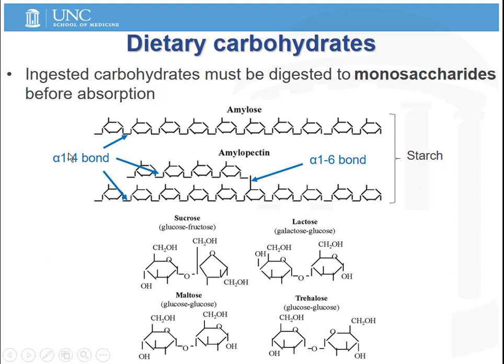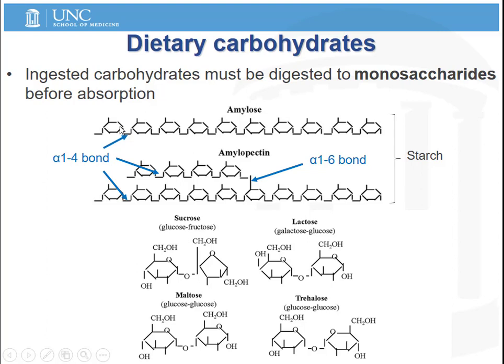Most ingested carbohydrates are in the form of starch. Starch is a really high molecular weight compound made entirely of glucose molecules, and it consists of two polysaccharides, amylose and amylopectin.